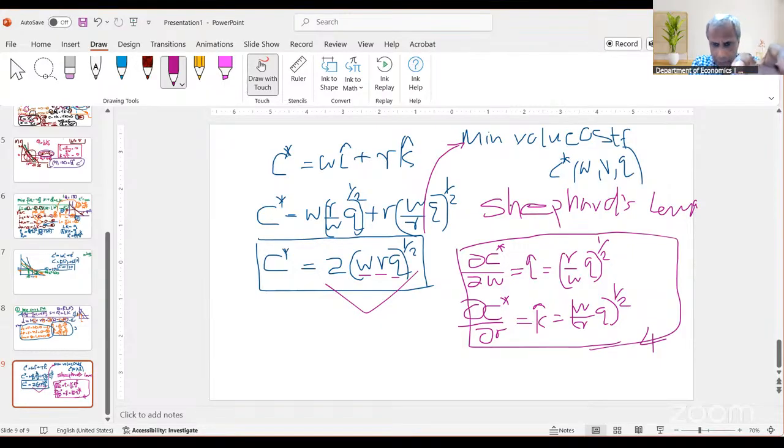So that is the exercise. But in the exam, I may give a different production function.